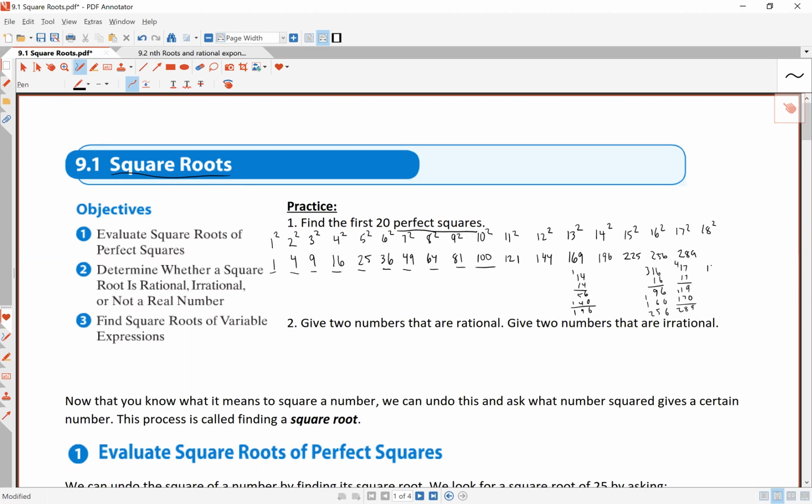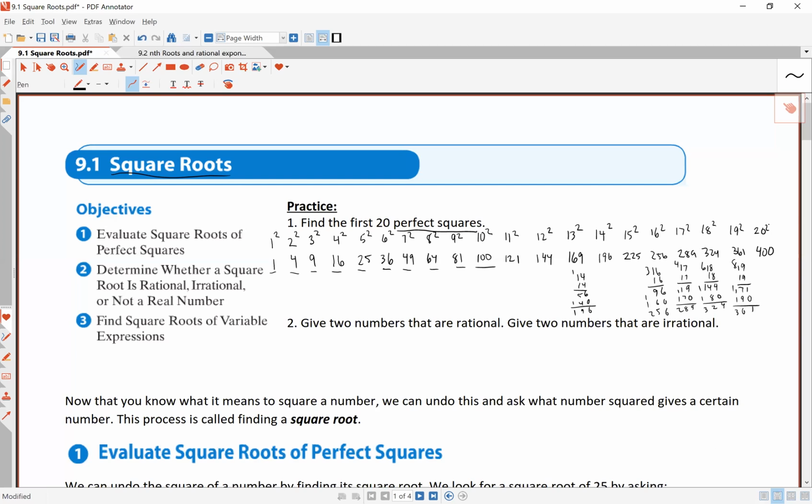18 squared is 324, and 19 squared is 361. 20 squared, or 20 times 20, is 400.